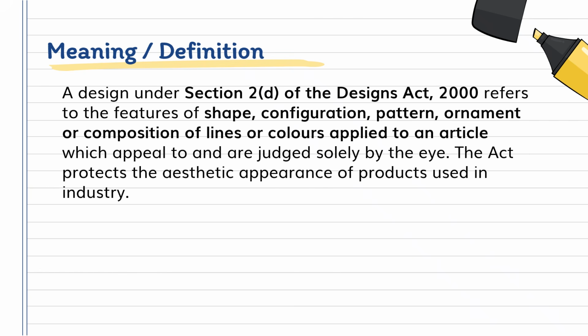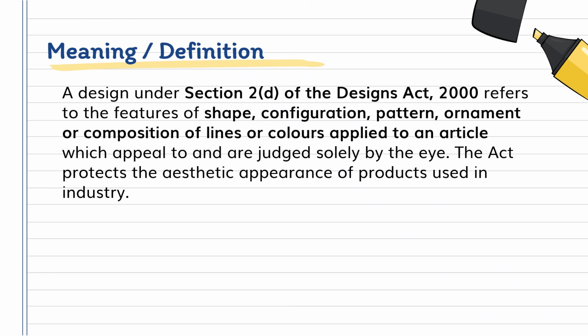Next slide is meaning of design. Now let us understand what exactly a design means under this law. According to Section 2(d) of the Designs Act 2000, a design means the features of shape, configuration, pattern, ornament, composition of lines or colors which are applied to an article and appeal to the eye.